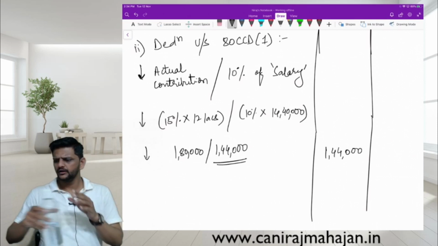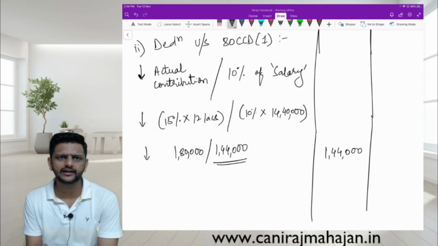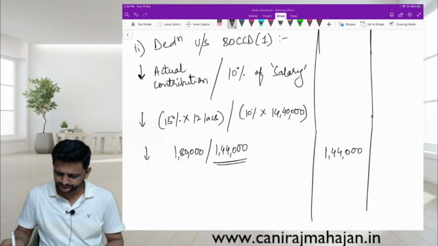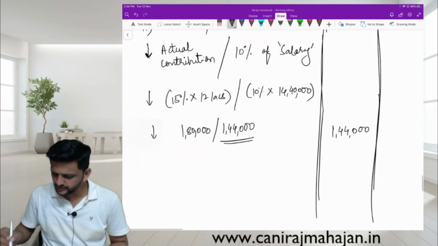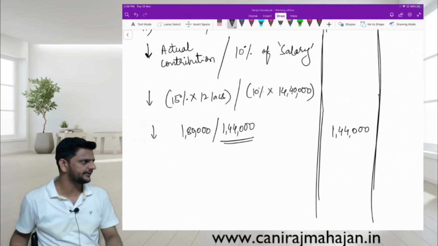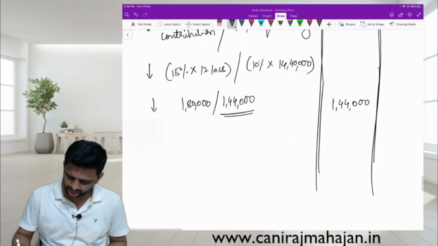Correct, 1,44,000. Is it within the limit of 1.5 lakhs? Yes, so we can claim 1,44,000. So first of all the ceiling limit as a percentage, and then you will check the monetary limit. Okay? Fine.